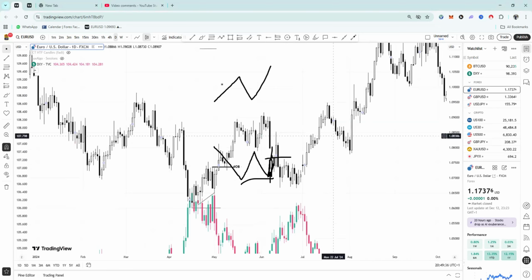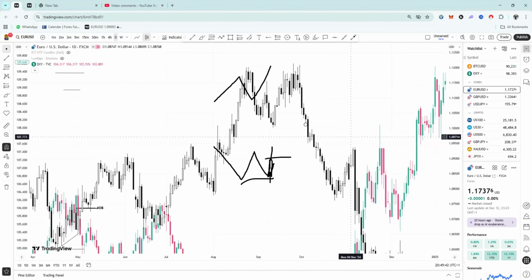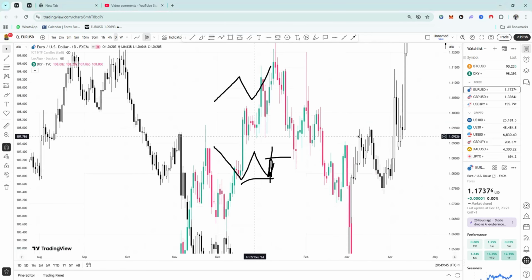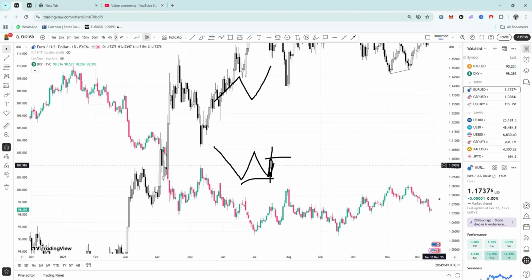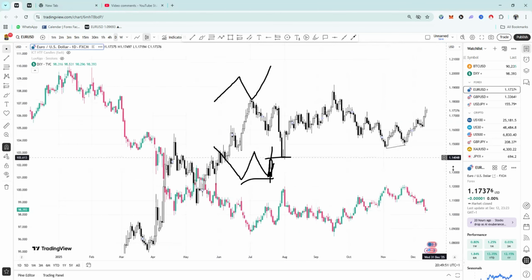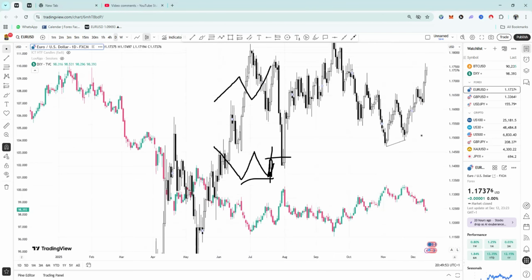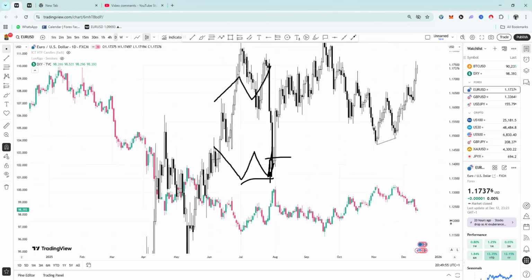look for some examples. Also, you can use this SMT for your direction, especially if it happens on the higher time frame. Like currently, the last price action that we had on DXY and Euro USD, you can notice that we had that SMT here, right?